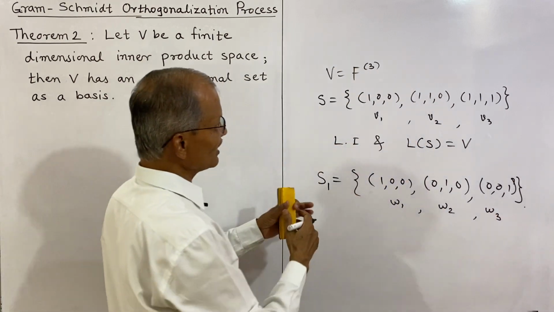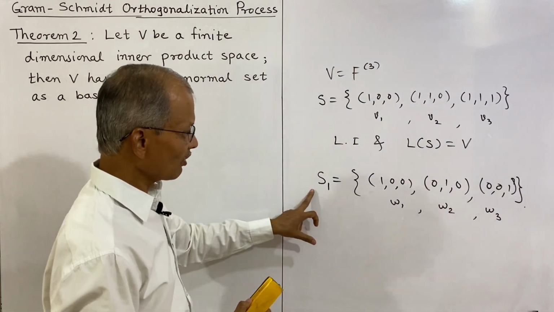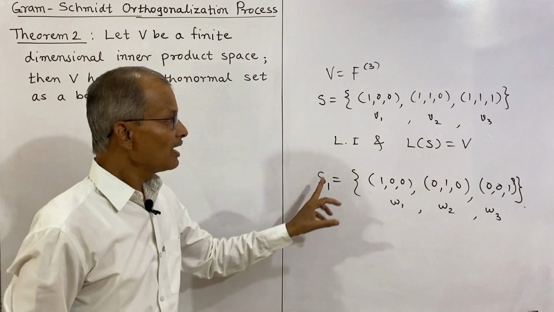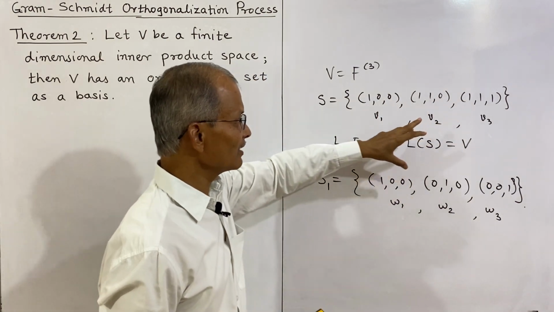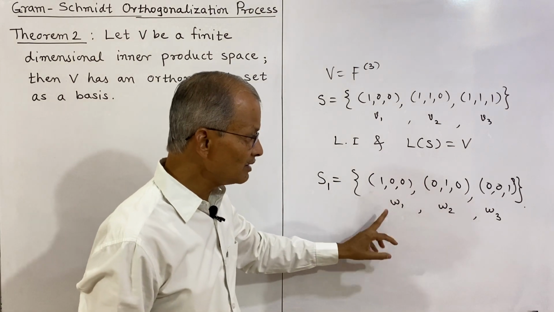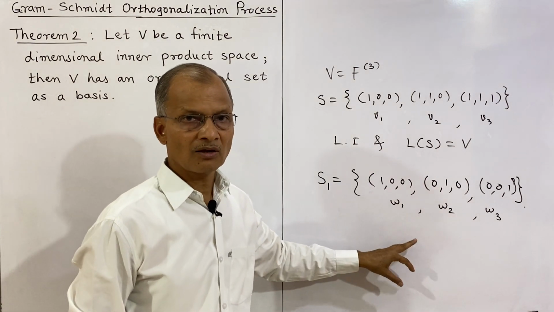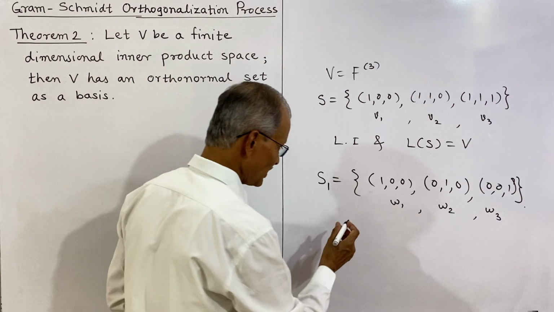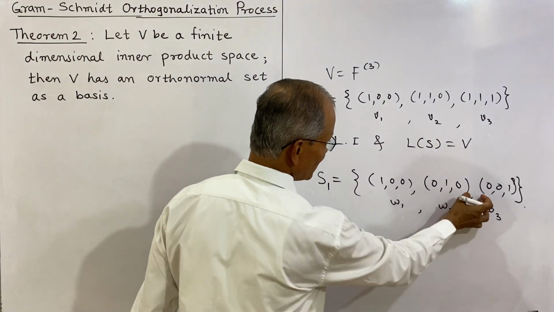That means from this basis S, we want to construct the basis S1. Here the vectors in S are independent but not orthonormal, while these are linearly independent as well as orthonormal. So what is the meaning of orthonormal? Each is of unit length.